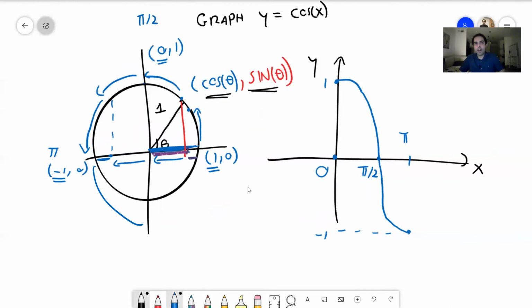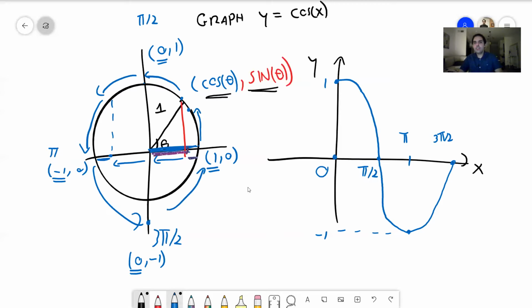So going from pi to 3 pi over 2, what happens is suddenly you increase by a little bit, and then you gain back momentum. You increase by a lot. And that's at 3 pi over 2, which is, again, the point (0, -1). And again, the x-coordinate is 0.